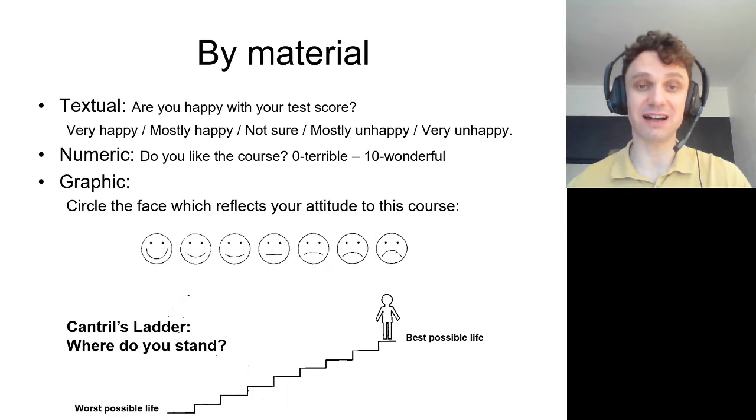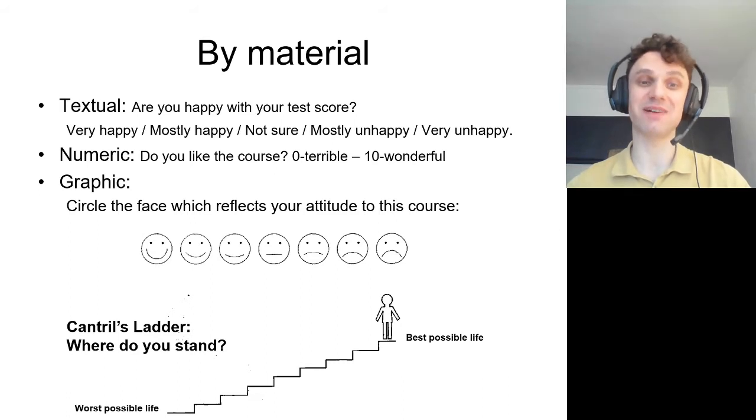And in our studies in psychology, we most often use textual scales, like in questionnaires. But sometimes we also use purely numeric scales, like on a scale from 0 to 10, please evaluate this. And sometimes we use graphic scales. For example, in the World Happiness Report, which is based on Gallup's survey around the world, the Gallup World Poll.